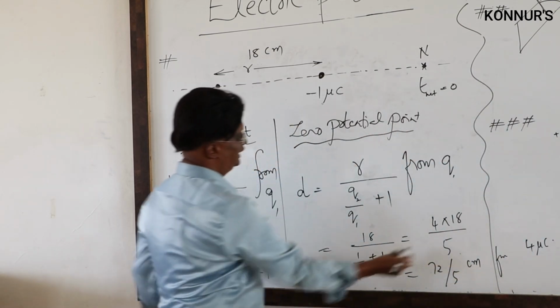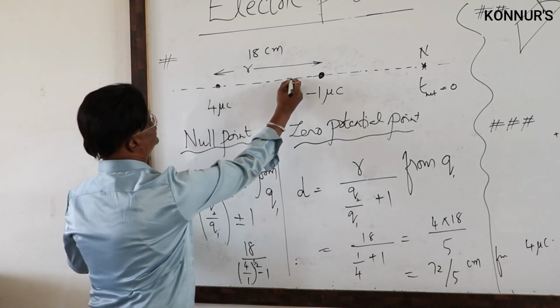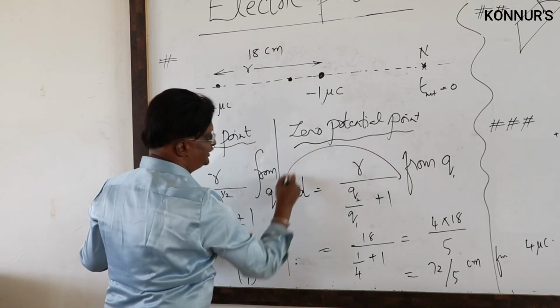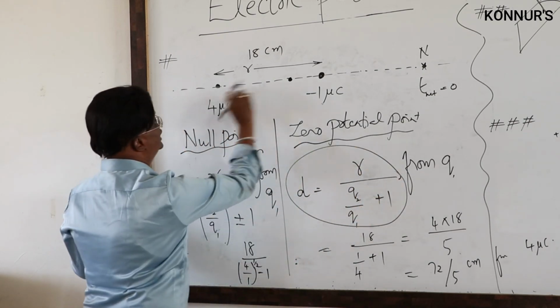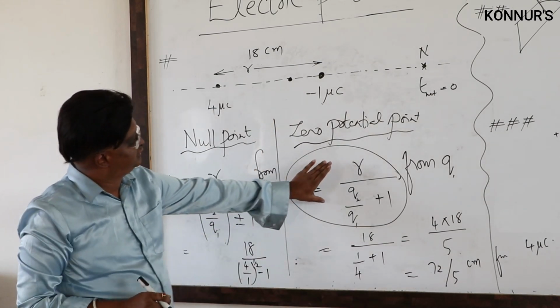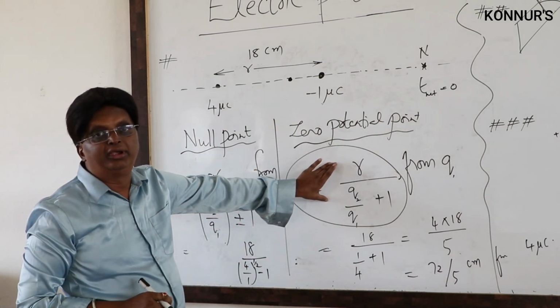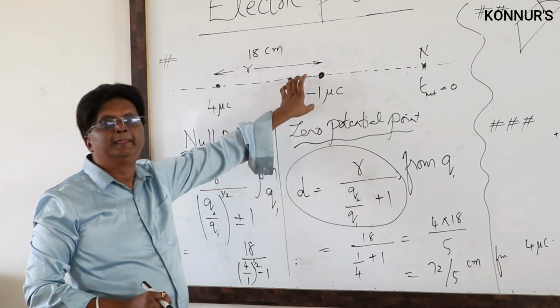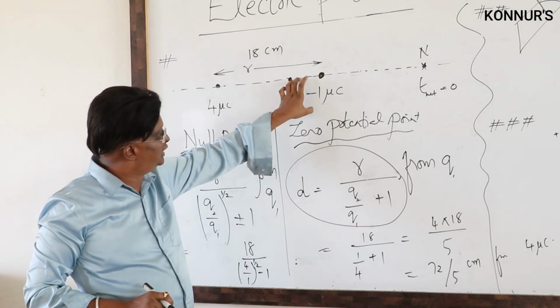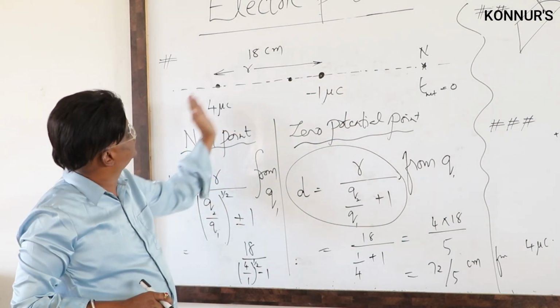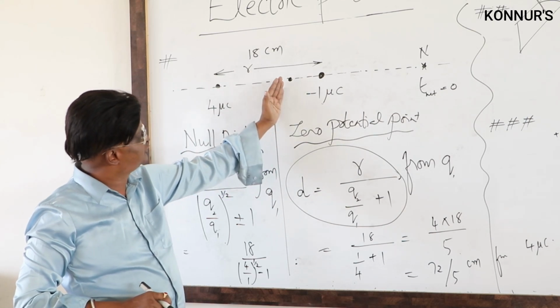Now please have this calculation. You will get a point somewhere over here. This is again a formula, an expression that gives you the zero potential point lying between the two charges. Remember, this expression will give you the zero potential point that lies in between the two charges, again closer to the smaller charge. Now, the answer is of course 72 by 5 centimeters, closer to minus 1 microcoulomb as I have shown.